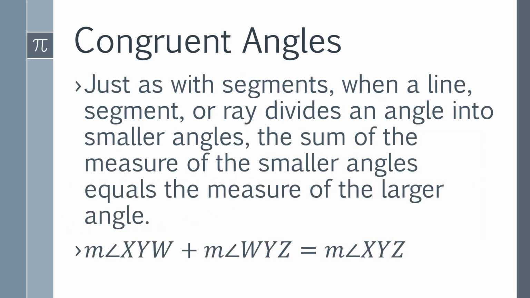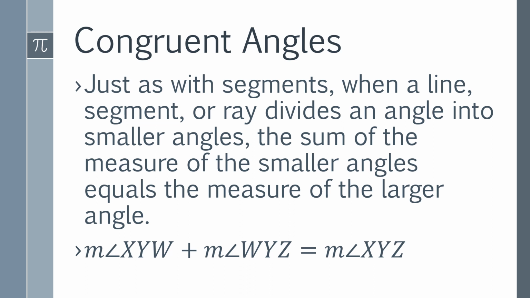Okay, so just as with segments, when a line segment or ray divides an angle into smaller angles, the sum of the measure of the smaller angles equals the measure of the larger angle. One of the things I tell students to do is just to label things.